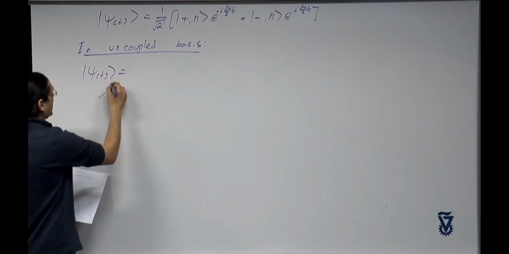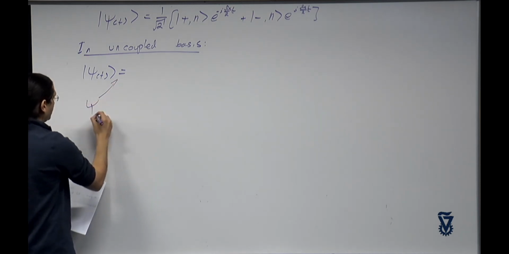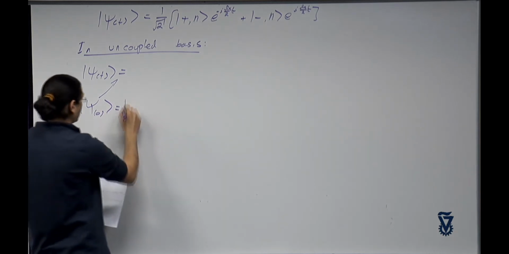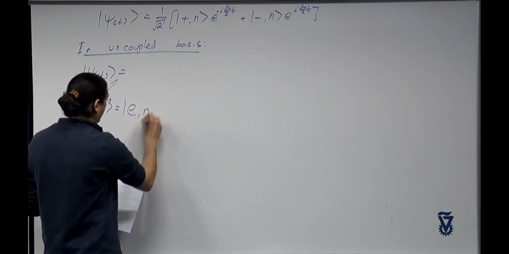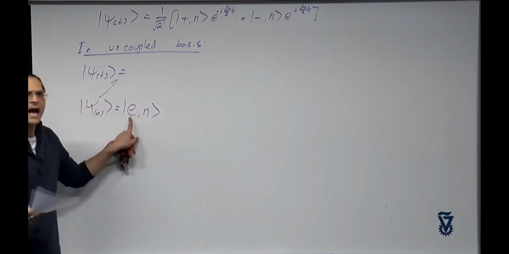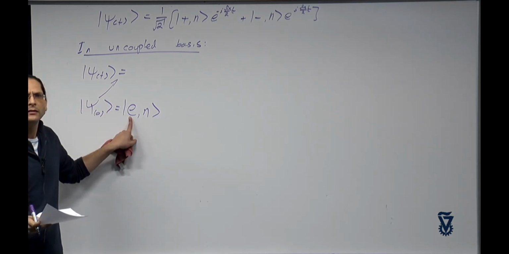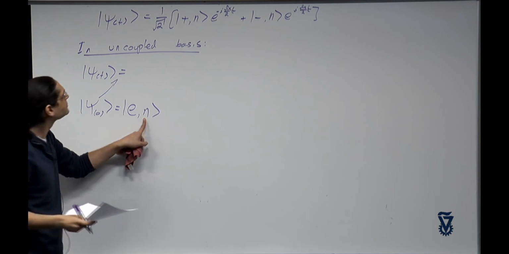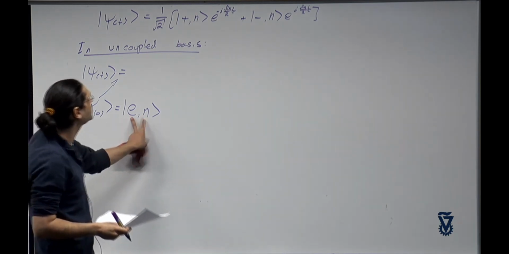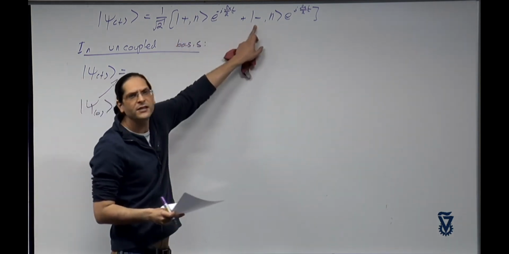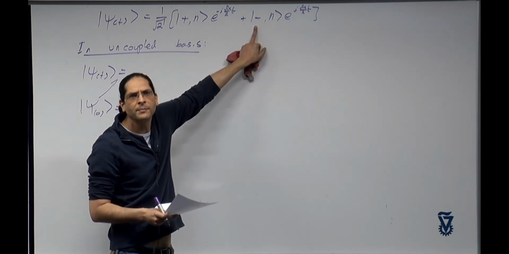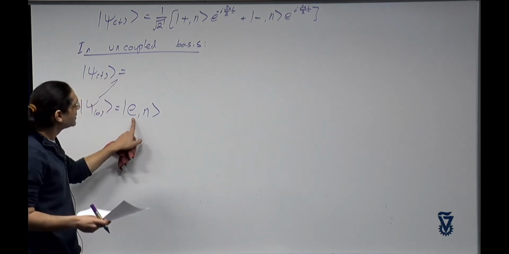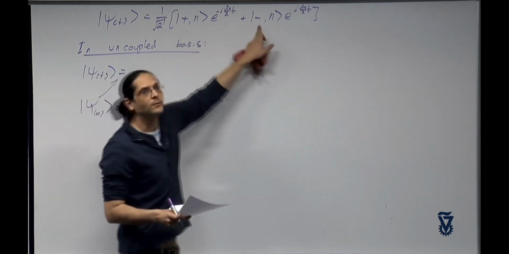And here I'm assuming that psi at 0 is E and some n. Okay, so we started with the atom being in E, and we have a defined number of photons in the cavity. So I'm starting with a state which is not plus or minus. If I start with a steady state, I will just stay there and pick up a phase. But now, I'm starting in a state which is essentially a superposition of these two.